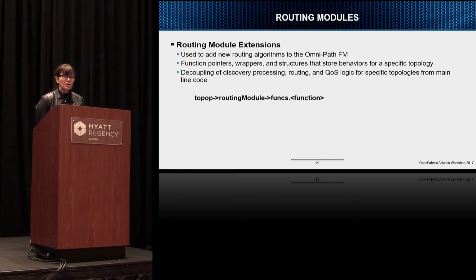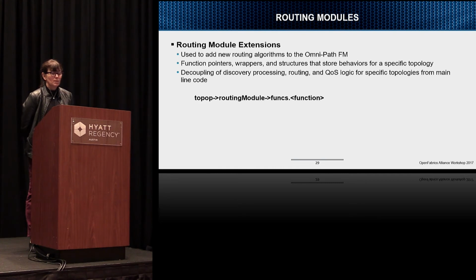We have something called routing modules in Omni-Path. A routing module is an abstraction that is used to implement different types of routing algorithms. There'll be a routing module for fat tree, there'll be a routing module for DOR. It essentially decouples some of the constructs required to be set up based on topology, such as routing discovery.